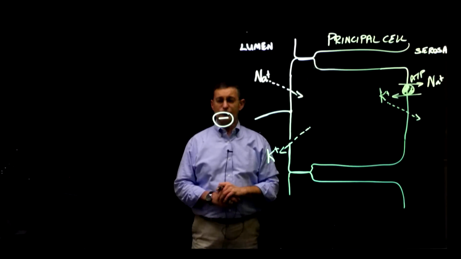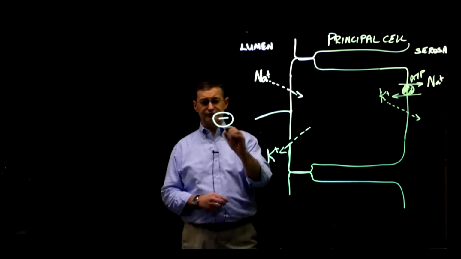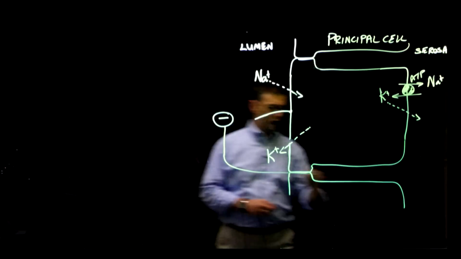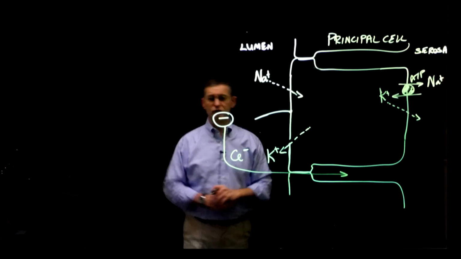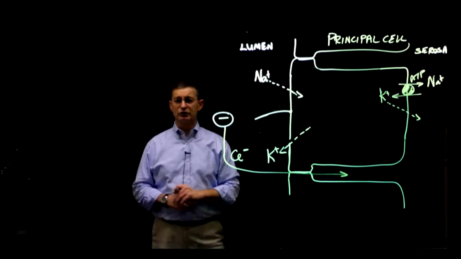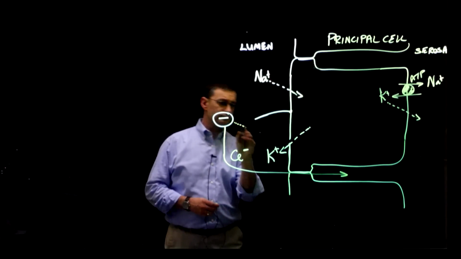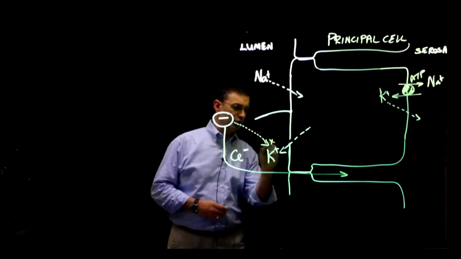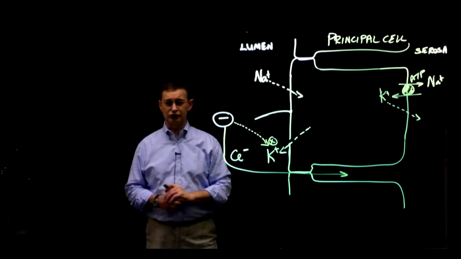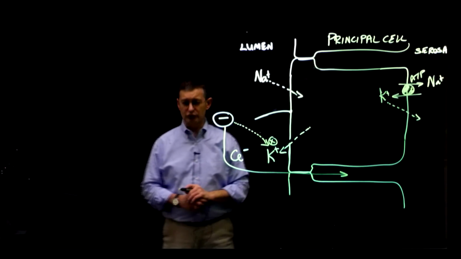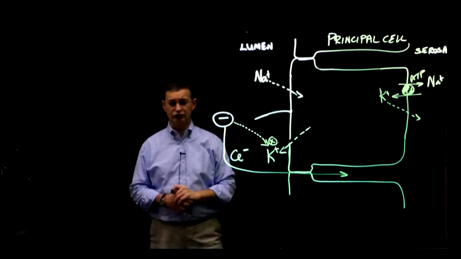So we establish a transepithelial potential that is lumen negative, and that lumen negative potential is responsible for driving chloride in a paracellular fashion. That lumen negative potential also enhances potassium secretion down its chemical gradient out of the cell. So the more lumen negative, the more potassium will be secreted as well.